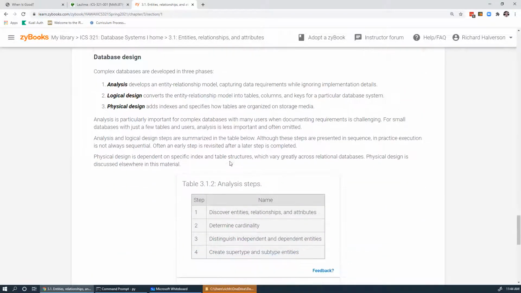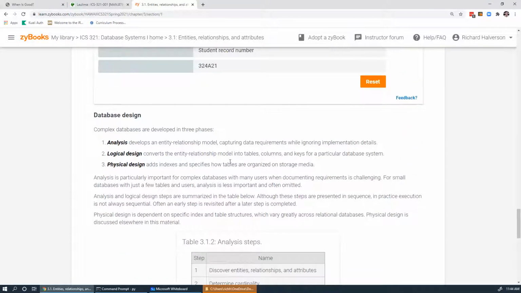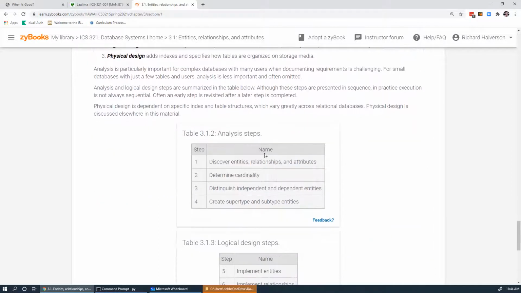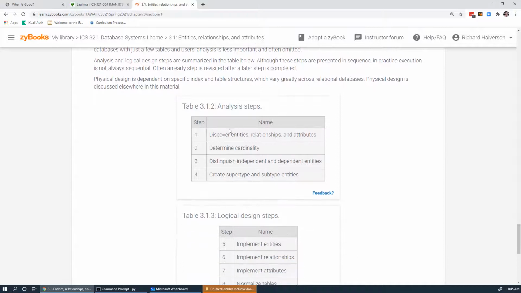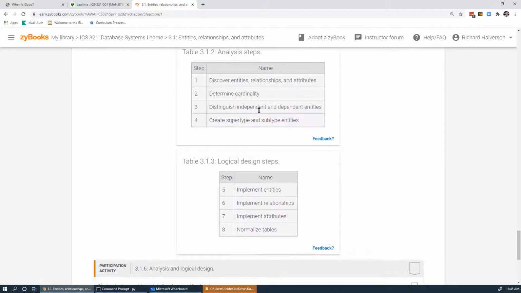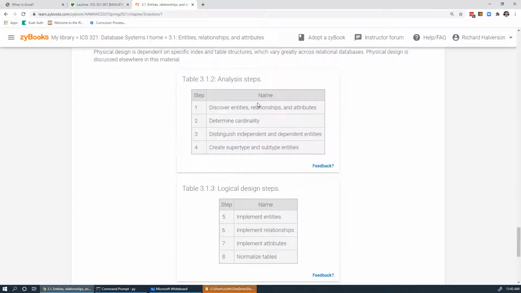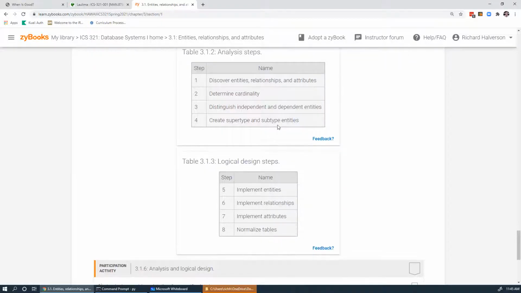So database design, complex databases are developed. First, there's an analysis, then there's design, logical design, and then the physical design. Of course, it's systems analysis and design. This breaks down what is done in the analysis steps.